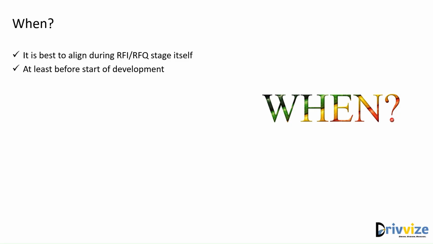And so knowing what work products are expected by the customer helps in identifying the work products and then quoting accordingly. So earlier is always better when it comes to the CIA. If not done at the RFI RFQ stage, it is expected that you do it at the beginning of your development cycle.